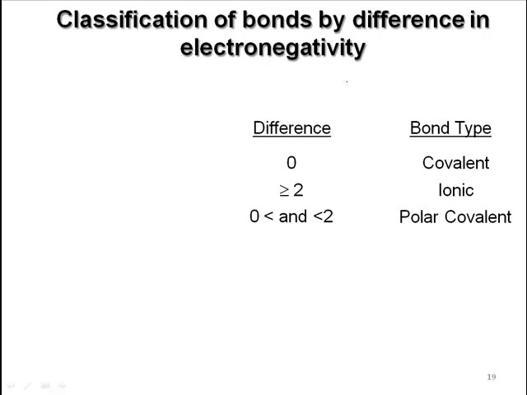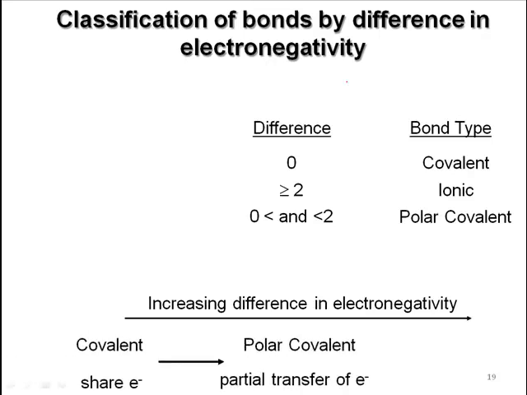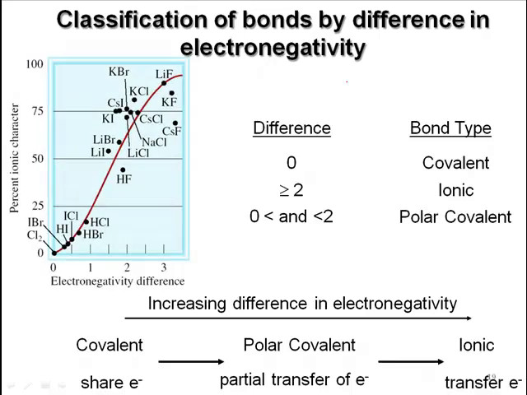We will be using 2 as our defining characteristic. There are some things that might be polar covalent that will be a little bit above 2. And this is where there can be difficulty, but we'll be using 2 for most of our problems. As you increase the difference in electronegativity, it goes from covalent to polar covalent, sharing equally, not sharing so well, and transferring them completely.